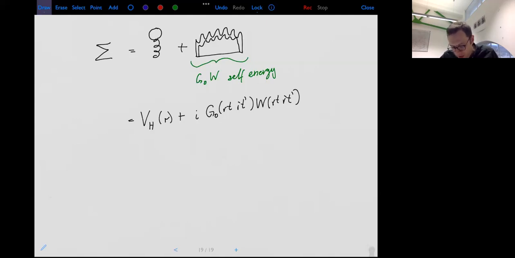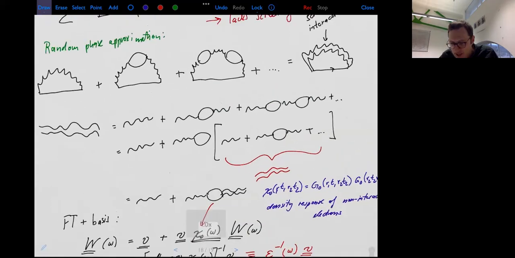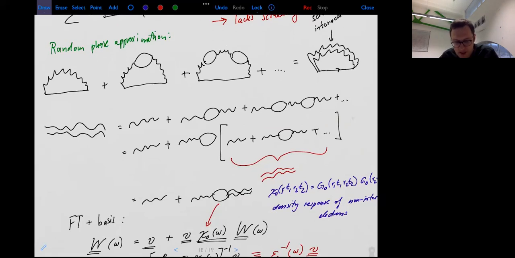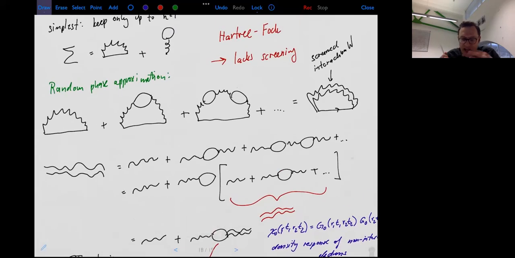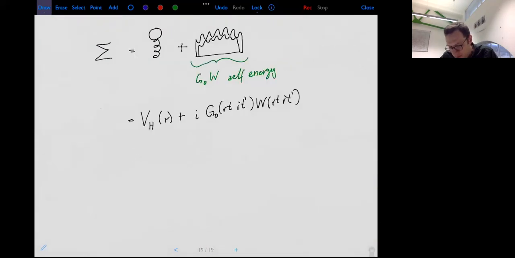There's just one more thing I want to say, and then we'll take a couple of minutes break. What we have done is we have summed an infinite series of diagrams, basically this random phase approximation, and we've subsumed an infinite set of diagrams into a single effective one. You can go even further and include even more diagrams into this effective diagram, by replacing the G0 line here by an interacting Green's function line.